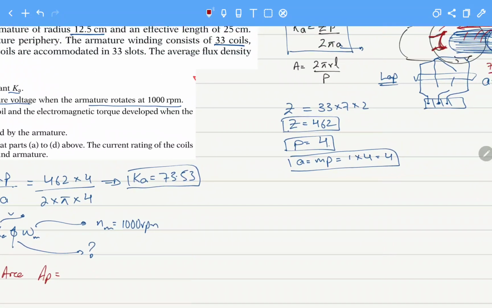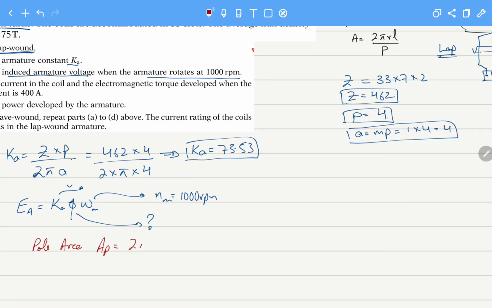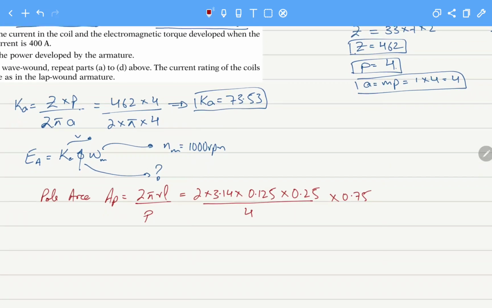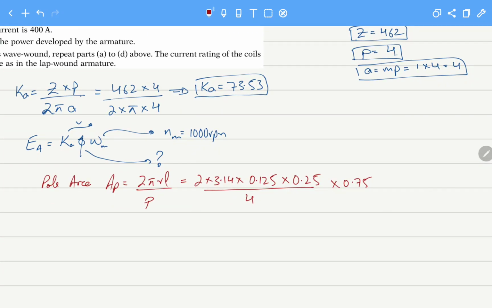The area of the cylinder we know is 2πRL over the number of poles. The effective area will be 2 into 3.14 into the radius, that is 12.5 centimeters, which we convert into meters, into the length, which we again convert into meters, divided by 4, and into 0.75, which is the effective area fraction, 75%.